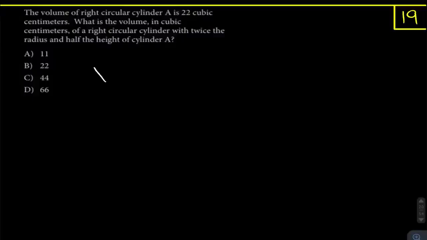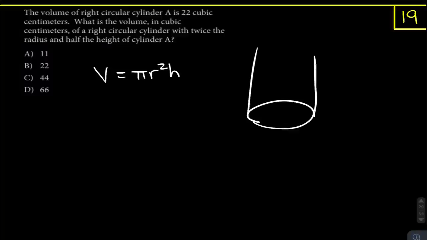So make sure you're using that formula sheet, and so you would know that the volume of a right circular cylinder is pi r squared h. How I like to think about this is that the area of a circle is pi r squared, and when you extend this up by h, the h just gets multiplied on, just like a rectangular prism would.